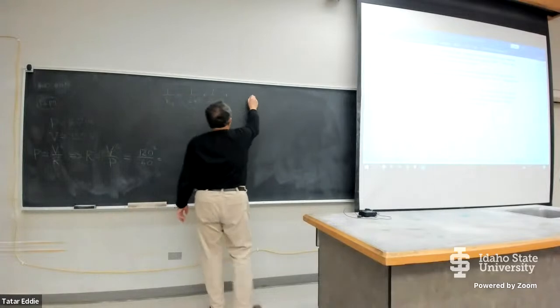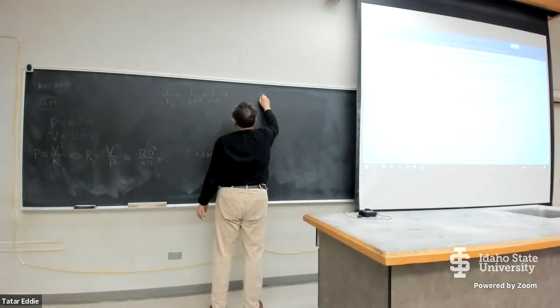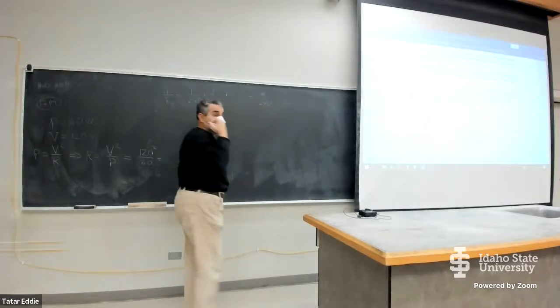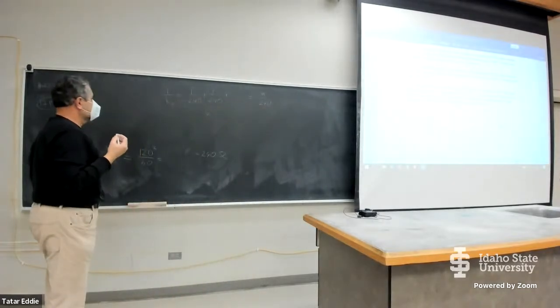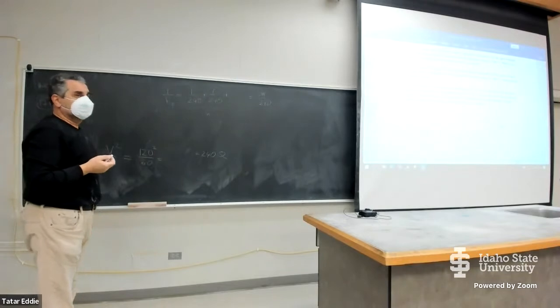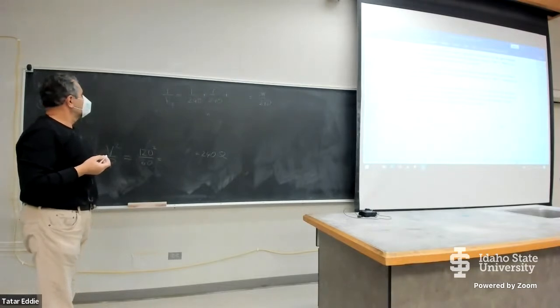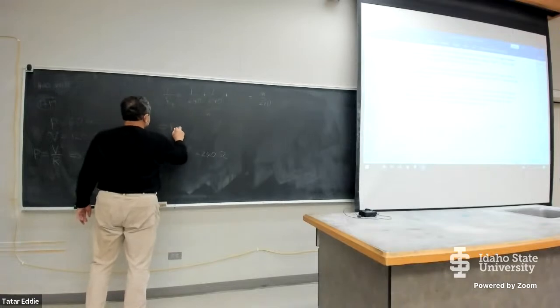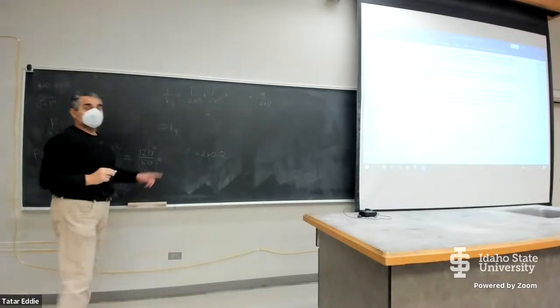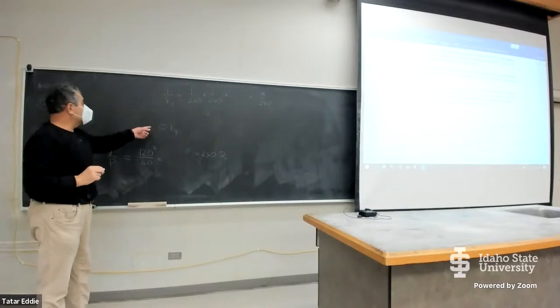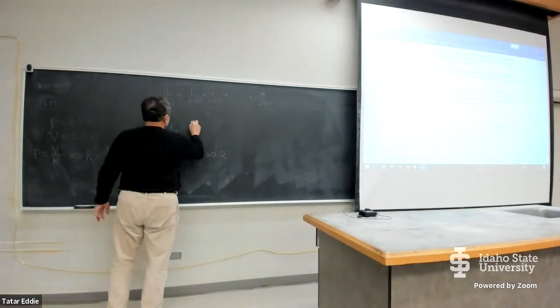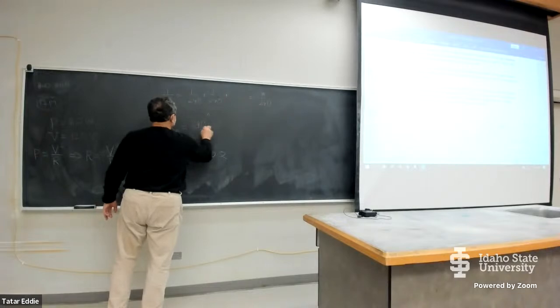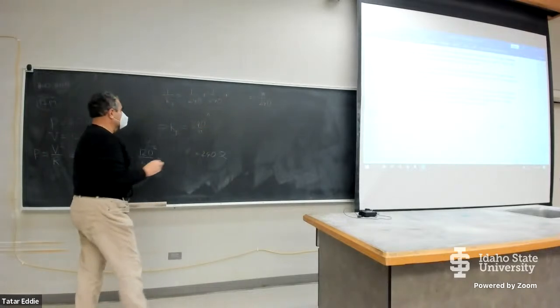So this is equal to N divided by 240. And we're looking for N here, right? So from this, you conclude that the equivalent resistance in parallel should be 240 divided by N ohms.